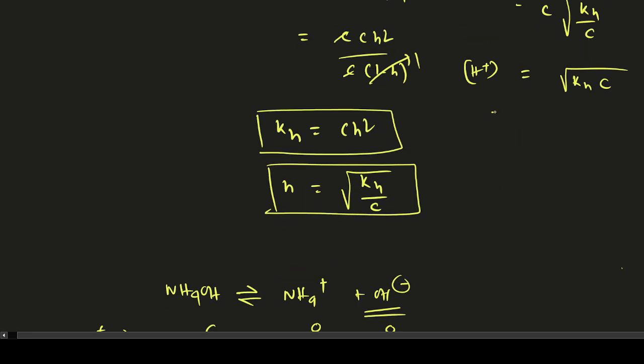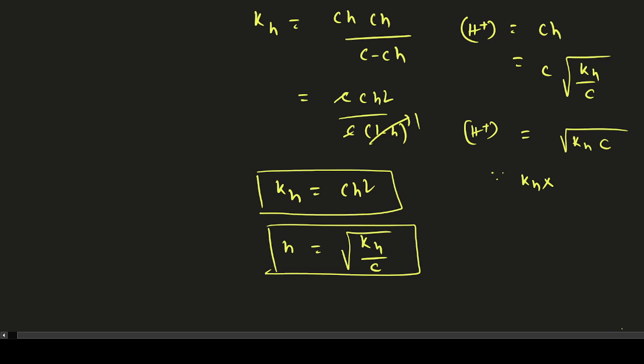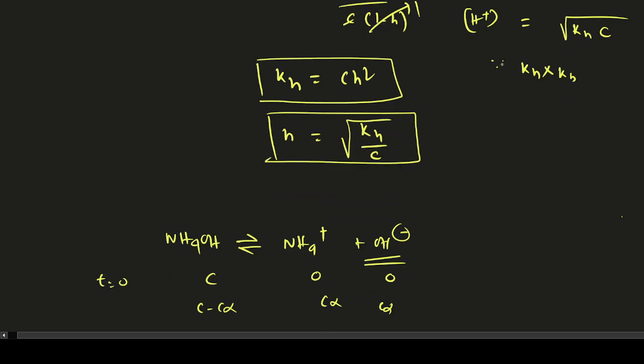We know that KH into the weak component, here the weak component is base, will give Kw. So whatever the weak component is, if you multiply with KH, then you will get Kw. If both are weak components, acid and base, then we have to get it like this. Here the weak component is Kb, so KH into Kb equal to Kw.